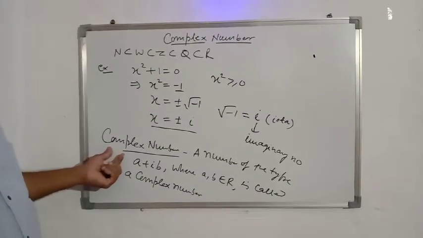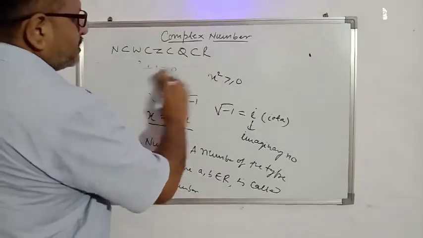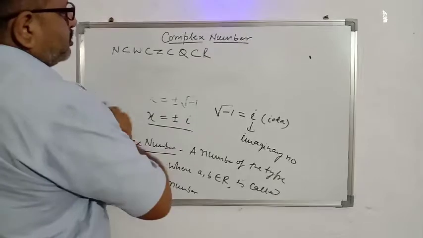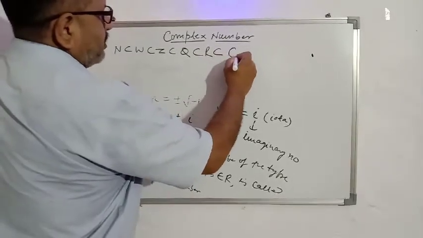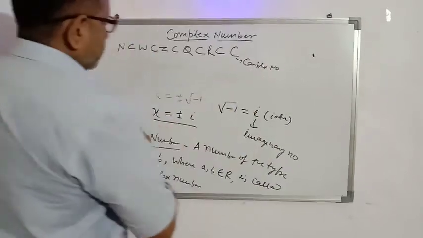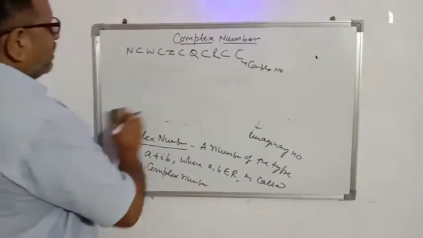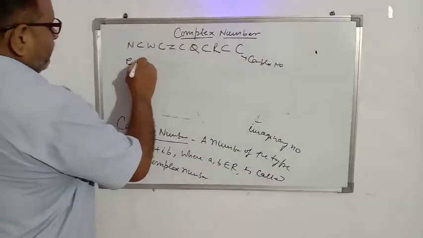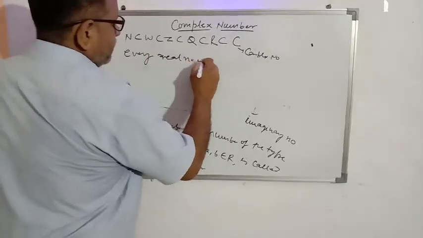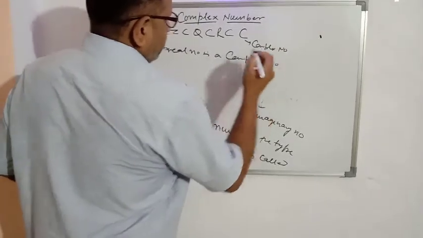Every real number is a complex number. So the real numbers are a subset of the complex numbers.